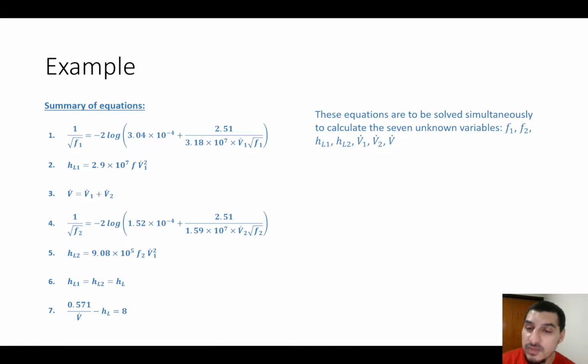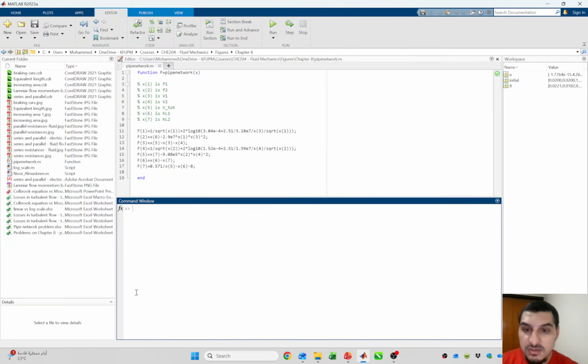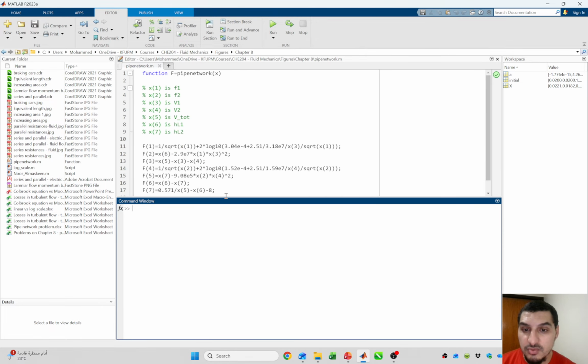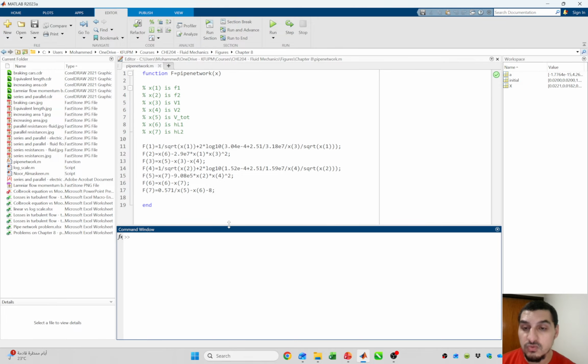I tried to solve them using Microsoft Excel, but I failed. It didn't work. Then I tried more powerful software, so I tried this using MATLAB. And what you see here is the code that I wrote to define the 7 equations.